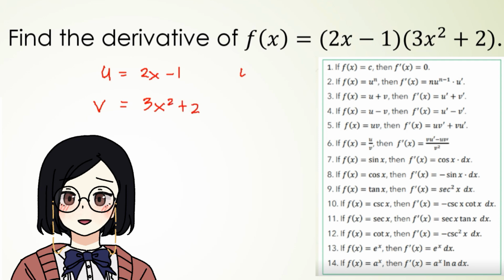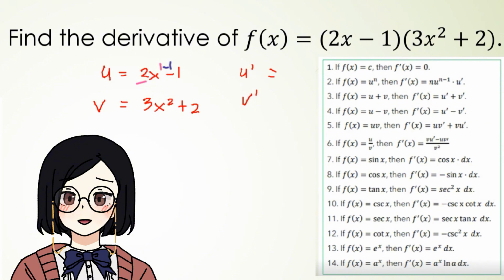Now to get the derivative of u and v, all we have to do is to multiply the exponent by the numerical coefficient. So 1 times 2, that is 2. And we deduct by 1 degree. So since this is on the first degree, then we will have 0 degree.